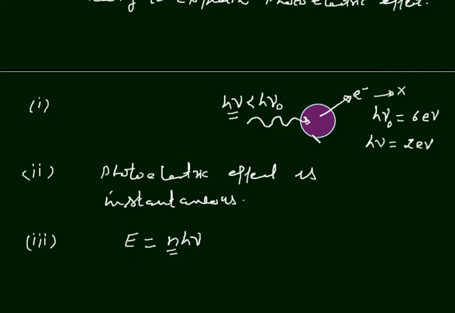If more number of photons are incident on this surface, this N is large, these more number of photons will exert more force or pressure on the electrons of this metal, and this more pressure will eject out the electrons.